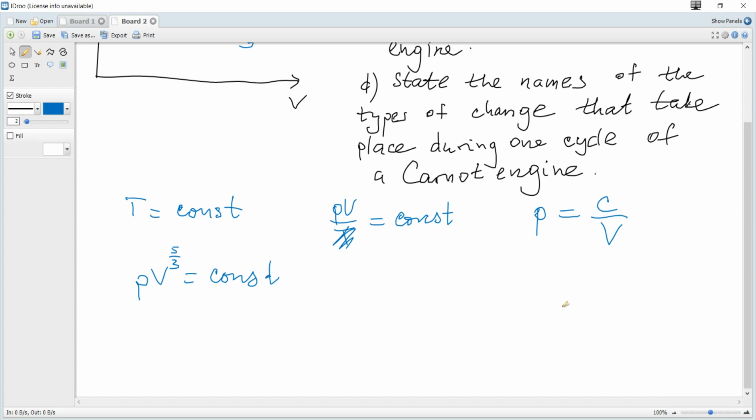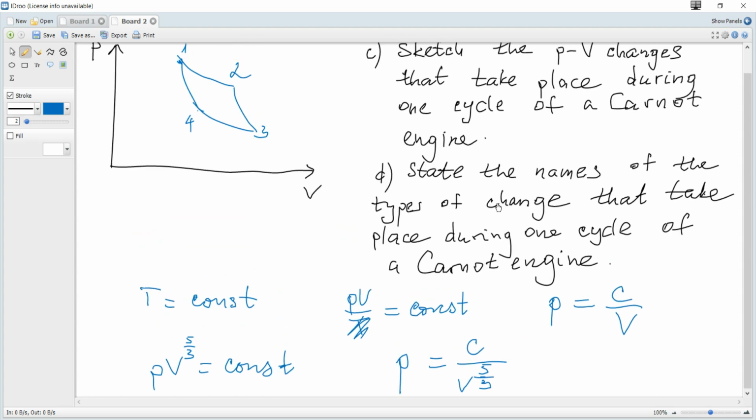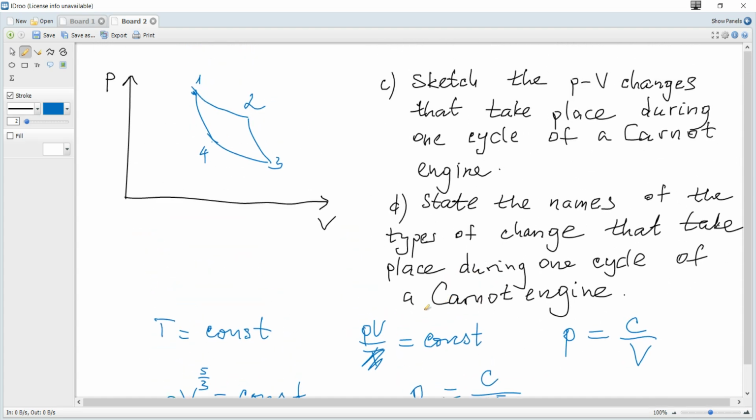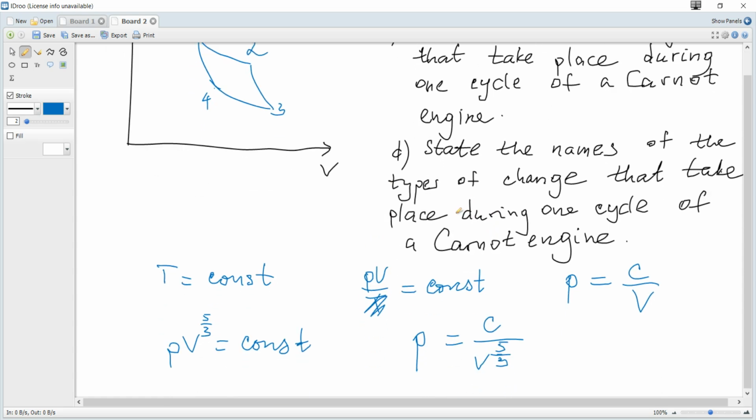And adiabatic process means that no heat, or it's the same as thermal energy. Heat and thermal energy is the same. No heat to or from surroundings. And you can see that P is some constant divided by V to the power of 5/3. 5/3 is greater than 1, so a curve which corresponds to an adiabatic change will be steeper.